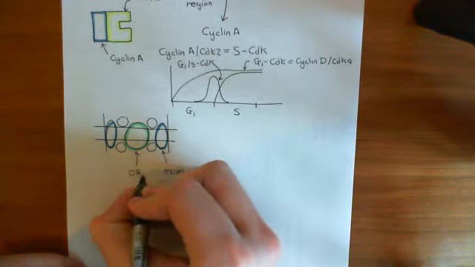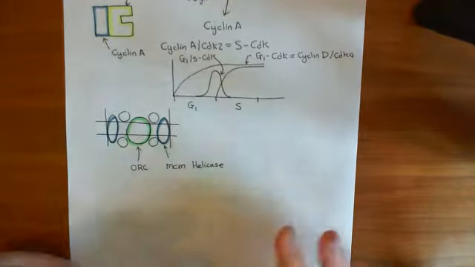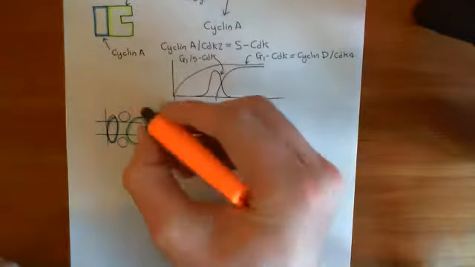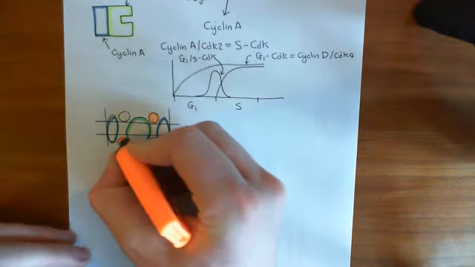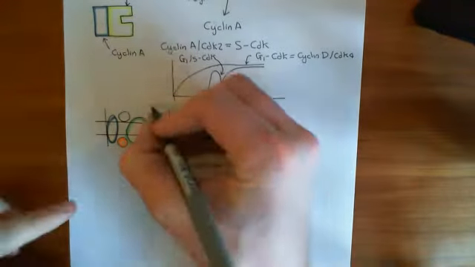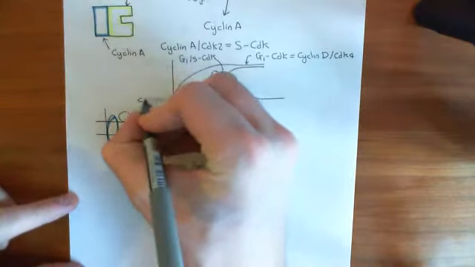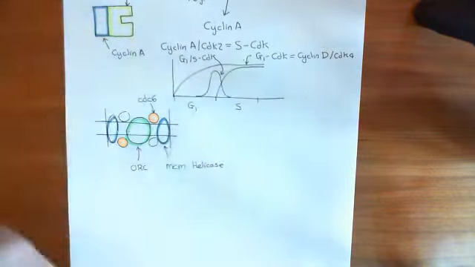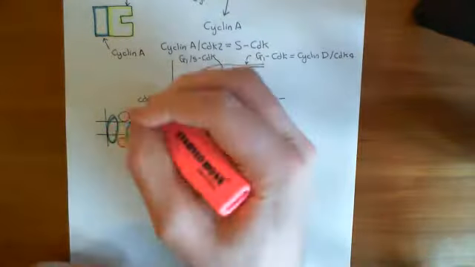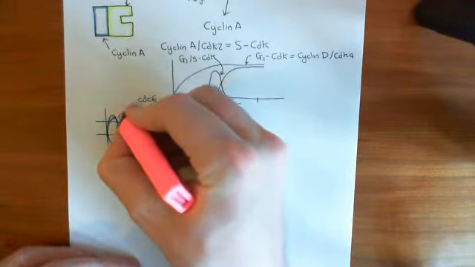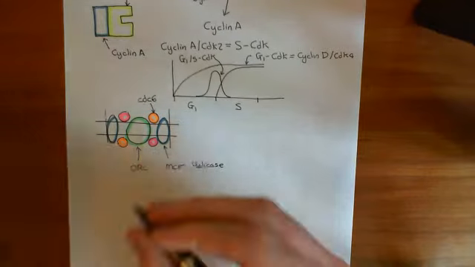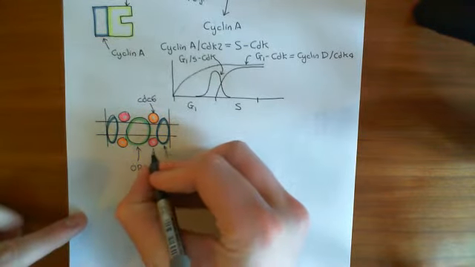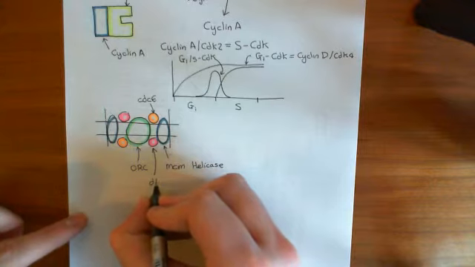Over here we have this CDC6 protein, and then we also have CDT1 on the off diagonal here. We have two CDT1s.